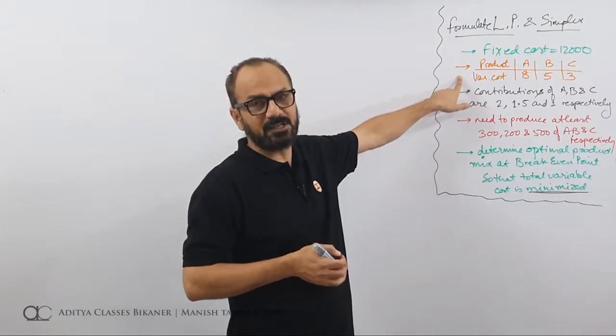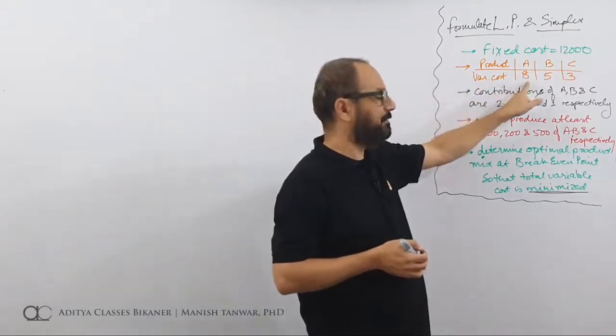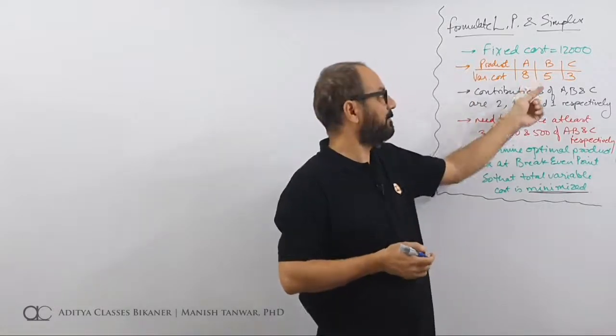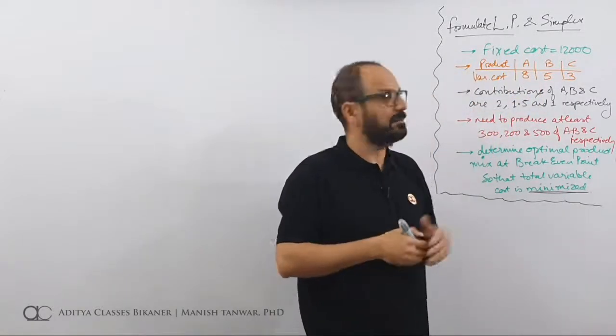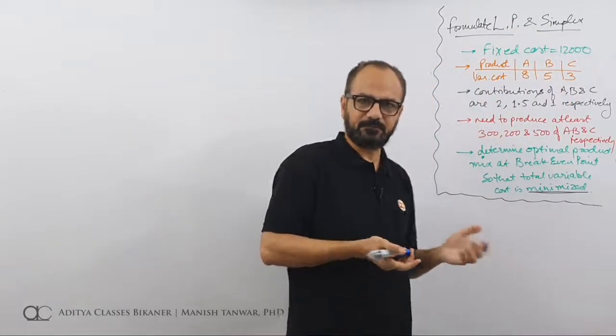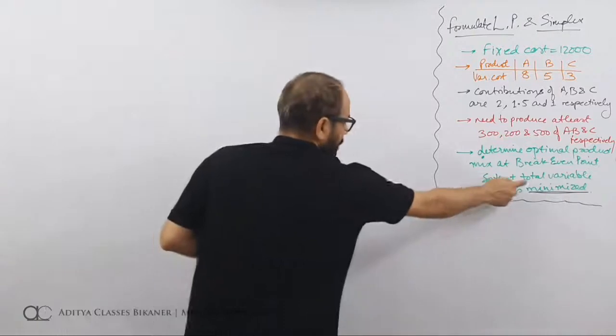How much variable cost will I be incurring? 8 multiplied by the number of units of A that I produce, 5 multiplied by the number of units of B that I produce, 3 multiplied by the number of units of C that I produce. This will be my total variable cost.